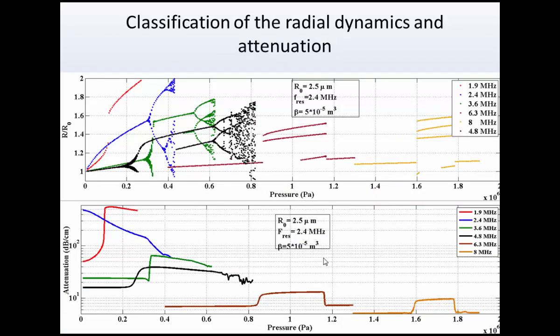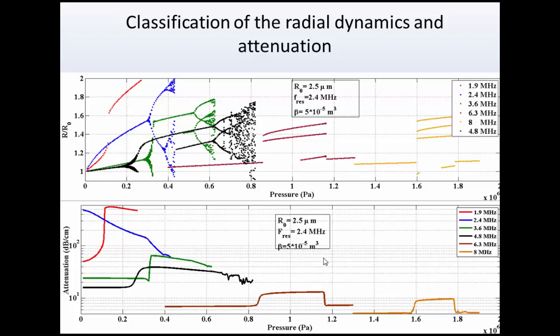If we want to classify the radial oscillations of the bubble in a wide range of frequency and pressure, we can classify the oscillations in these two graphs. The top graph shows a bifurcation of the normalized oscillations of the bubble versus pressure, and the bottom graph shows the attenuation of the bubbles versus pressure.